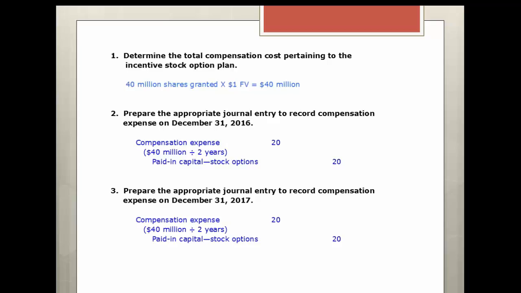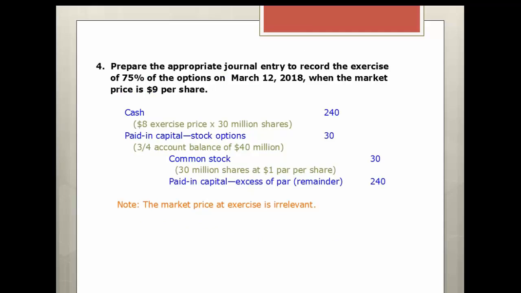So you notice that over the 2 years we record $20 million in compensation expense, an income statement item, part of our payroll expenditures, and the equity account is what we call paid-in capital stock options. Compensation expense for 2017, $20 million. We increase our paid-in capital stock options by $20 million. Our paid-in capital stock options at the end of this period is $40 million.